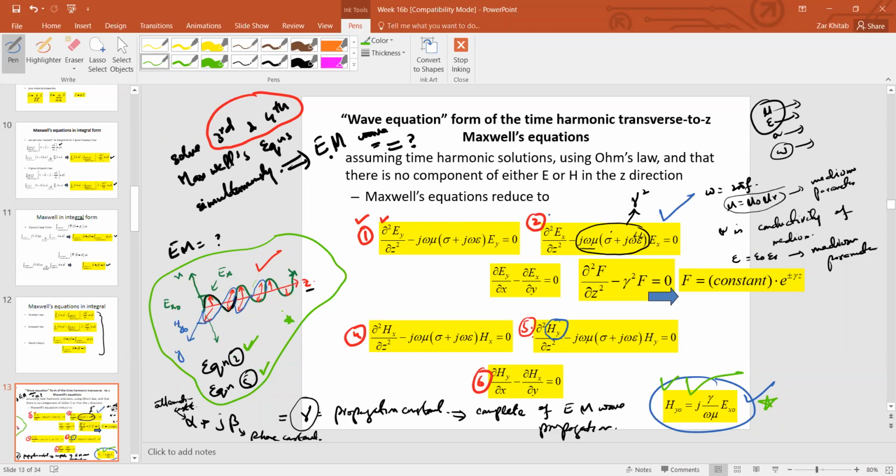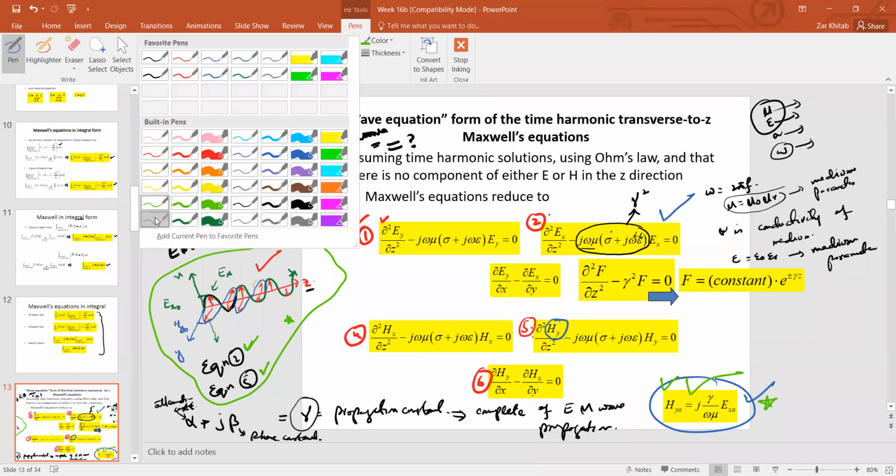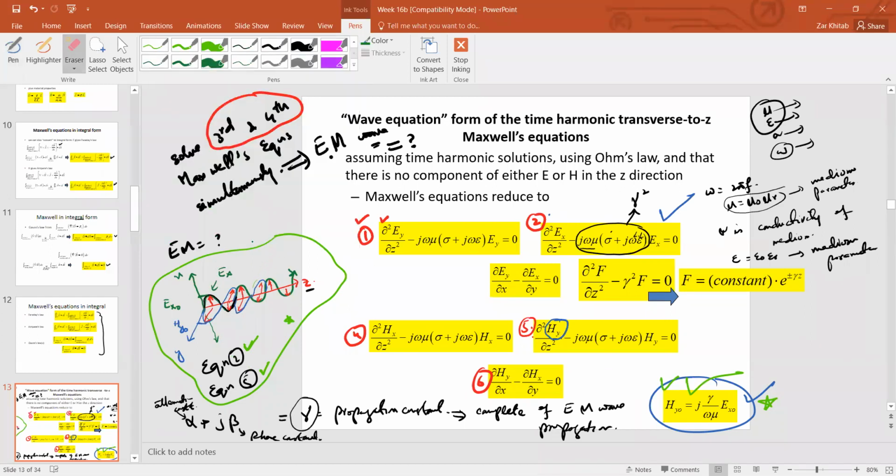Okay, so if I write this Ex, this electric field will be equal to Ex naught, the maximum value, suppose the sine wave, sine of omega t plus minus gamma z in the direction of x.